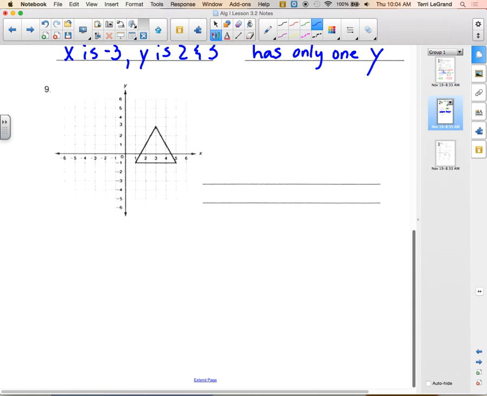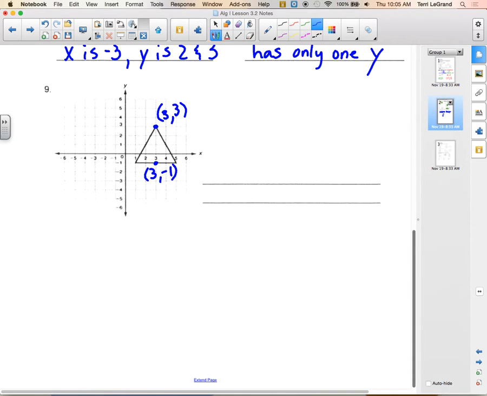So it is a function then, because when x is 3, y is, I mean, no, not a function. So I think this is the one you just said. When x is 3, we have that point, and we have this point. Yeah. This is 3, 3, and this is ordered pair 3, -1.